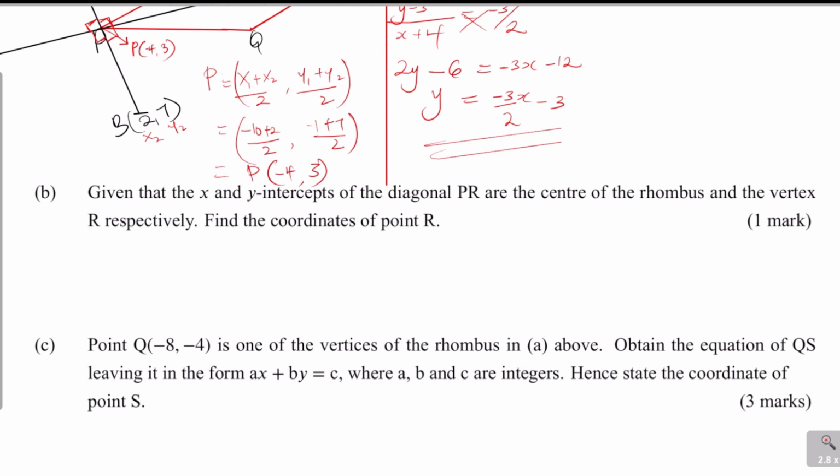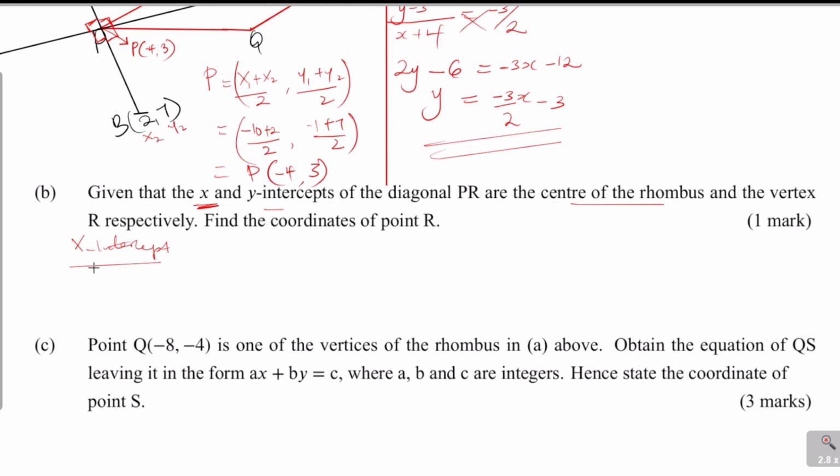We can start with the x. The x-intercept will give the center of the rhombus. Then the y-intercept will give the vertex R.